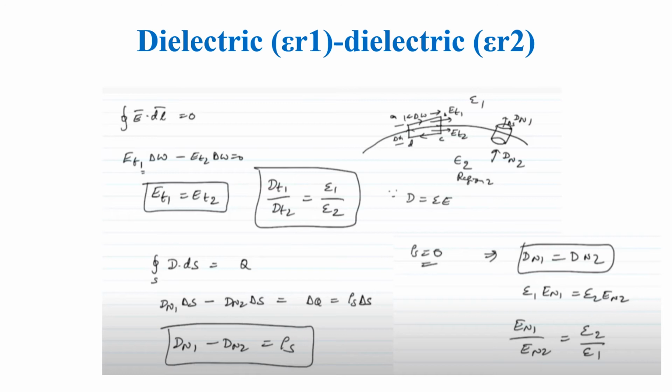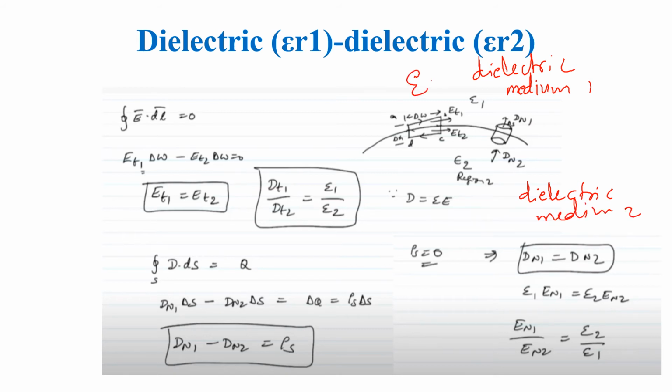Now it is dielectric and dielectric. So here you can see there is a medium one, that is a dielectric medium one, and this is the dielectric medium two. So the permittivity value is epsilon 1 here, and here it is epsilon 2.